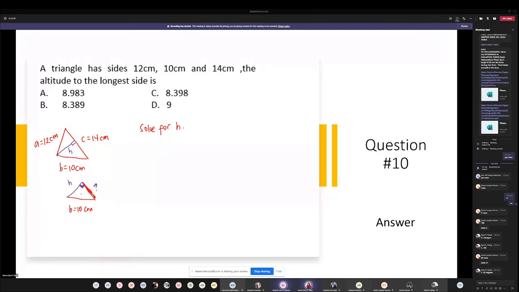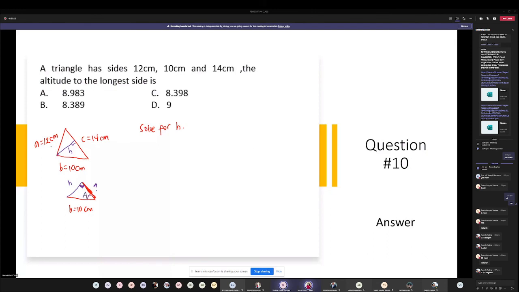Since we are going to solve for h, it would be best to solve for this angle and use opposite.